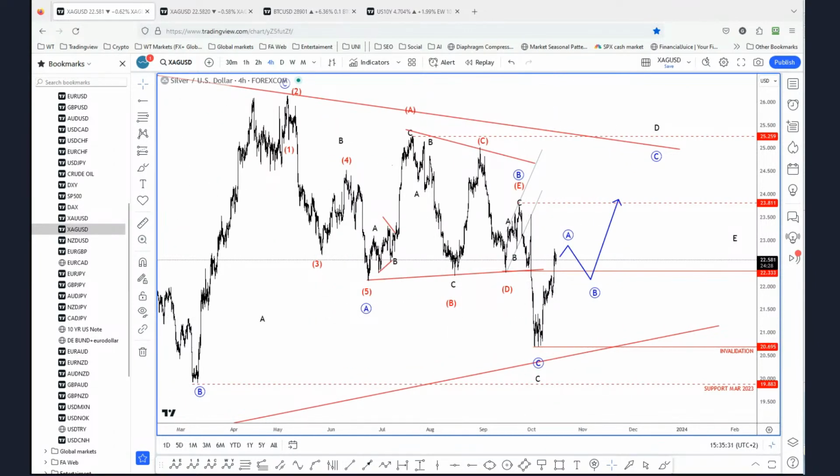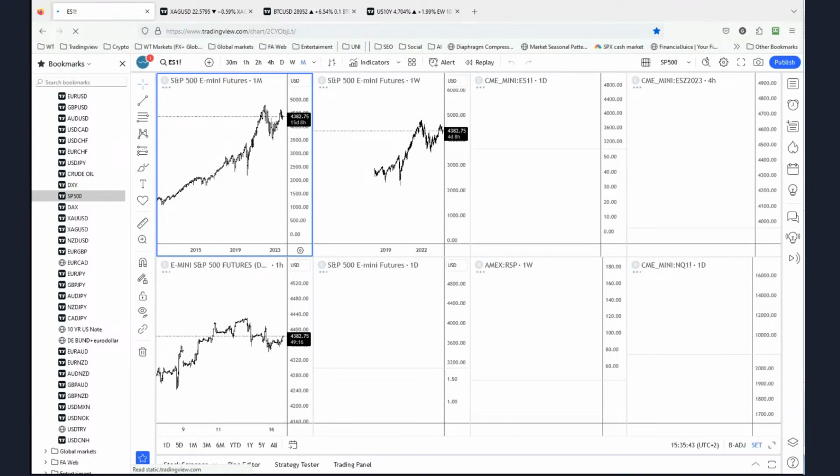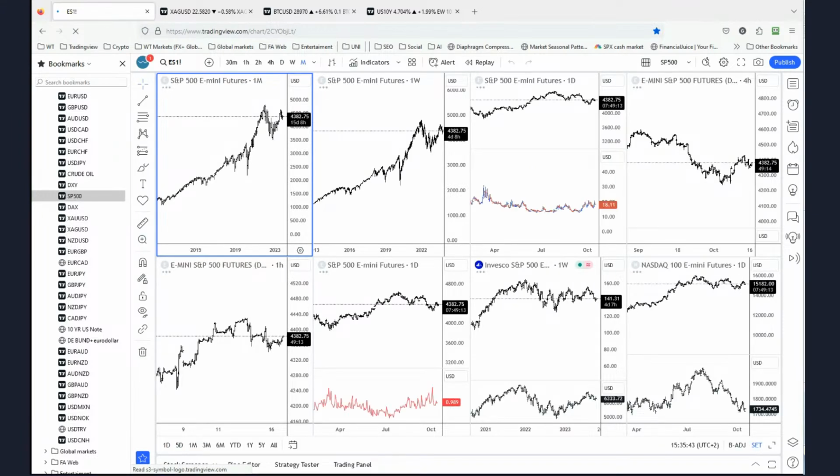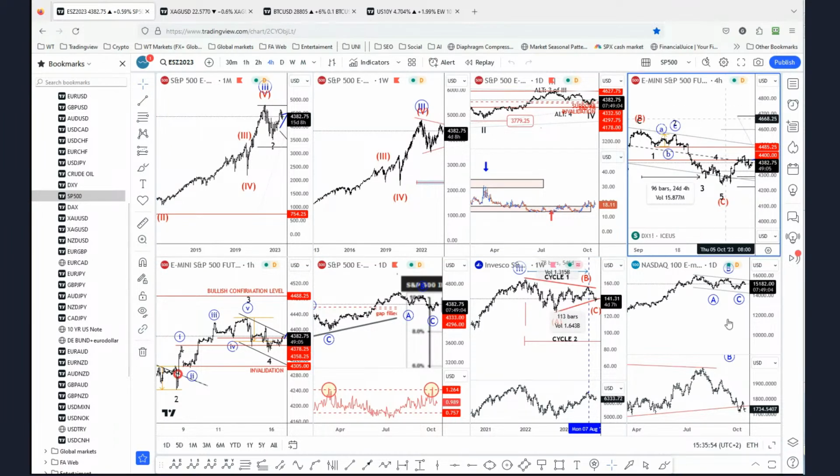Now let's take a look at what I have here. The S&P 500.